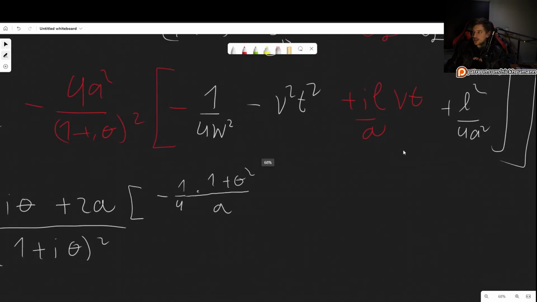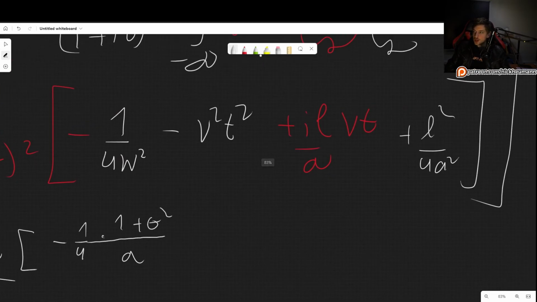Now, what about this? Notice that we have minus v squared t squared, so this is basically i squared, plus i squared, and here we have i vt times 2 basically, because there's a 4 here, and L squared a squared, which is also here, but not squared. So what I'm hinting at is that this looks like it is a perfect square.